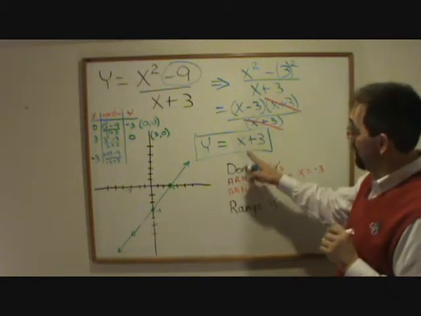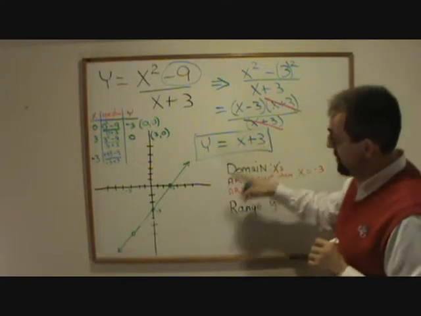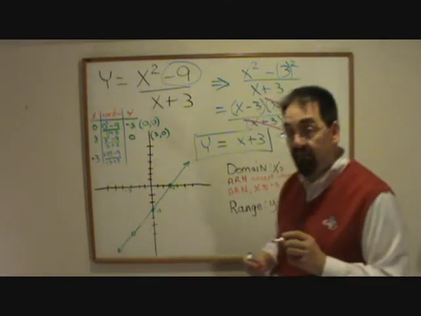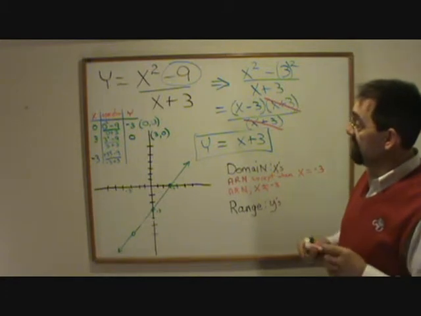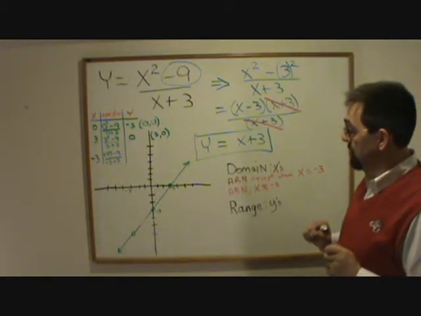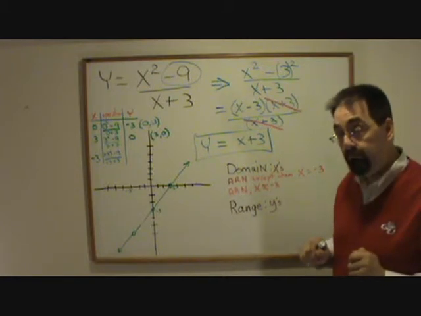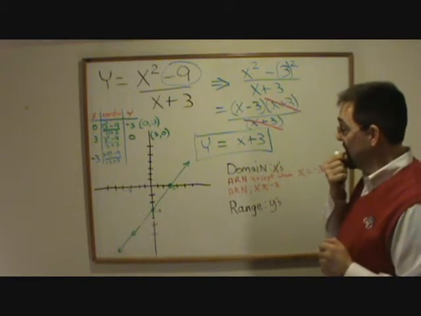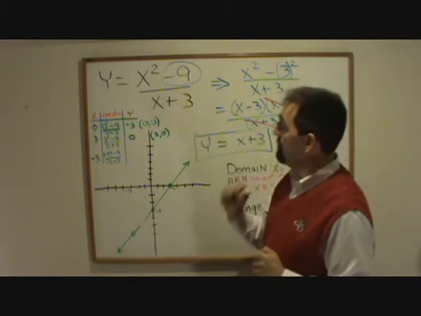Now, when x is minus 3, we need to figure out what that y value should be. Y should be 0? This is kind of confusing at this point.